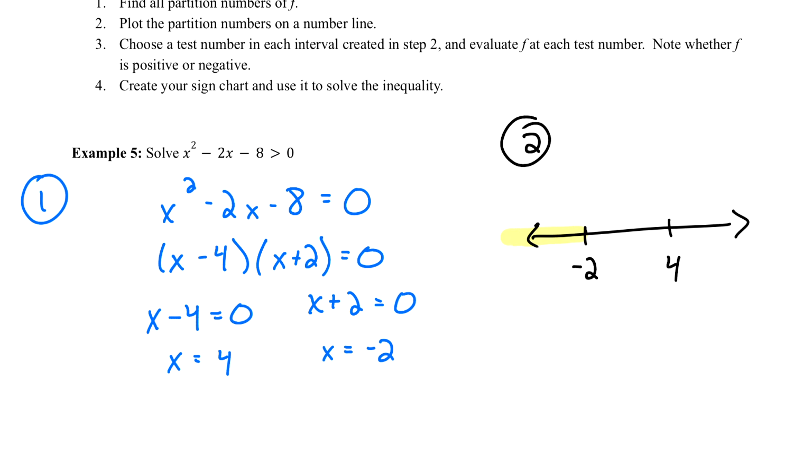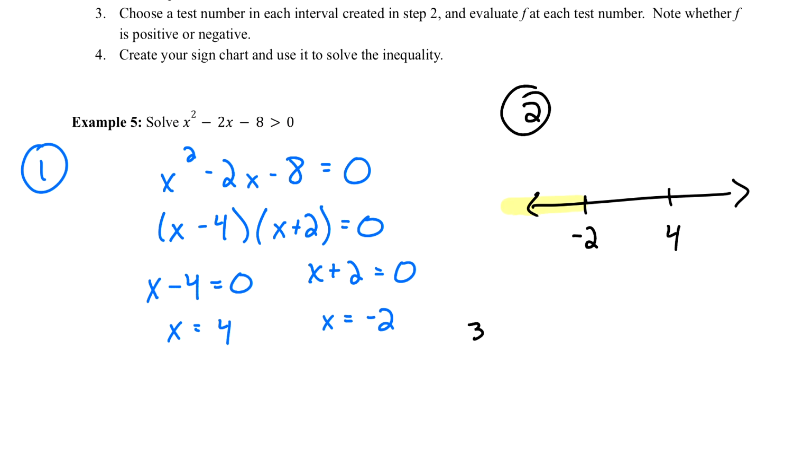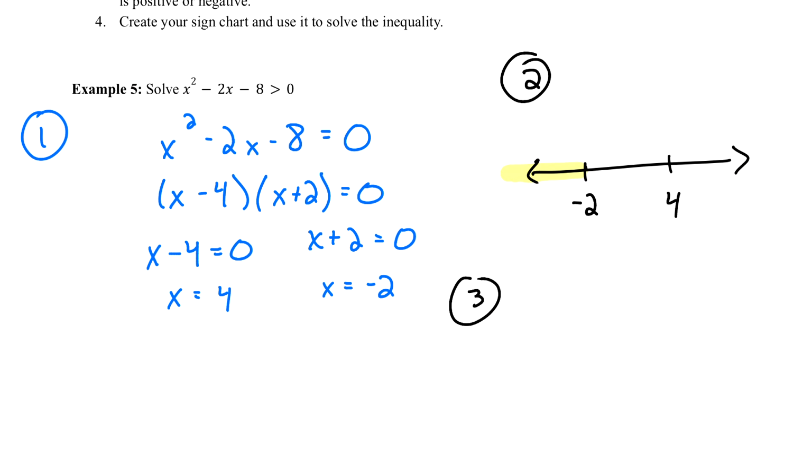We've got negative infinity to negative 2. You can pick whatever number that you want within that interval. You could pick negative 3, negative 4, or negative 5. I'm going to work with x equals negative 3. Let me change my color here so that I am using a different color. I always like to use numbers close to zero because it makes the calculations easier.